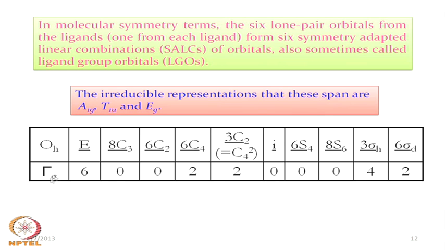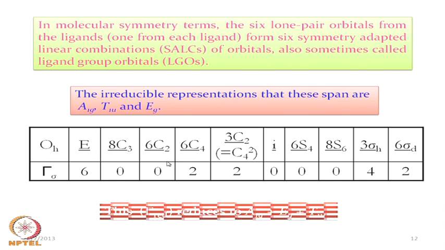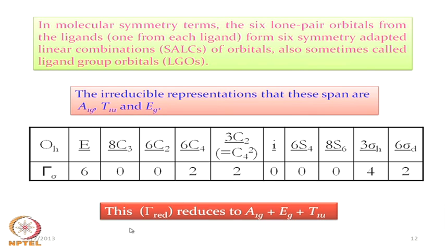So, this is the reducible representation for the octahedral symmetry, with all the possible symmetry operations and their contributions, and there are several useful techniques for getting the irreducible representations from the reducible representation.